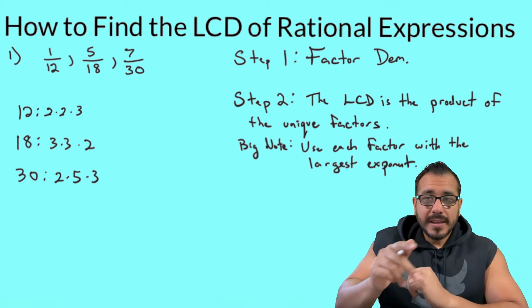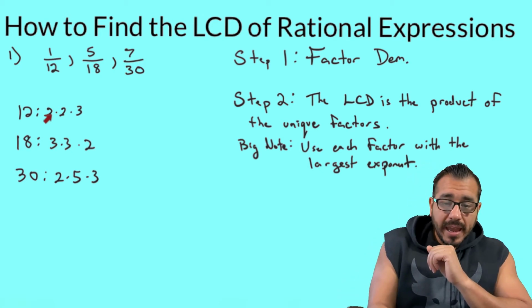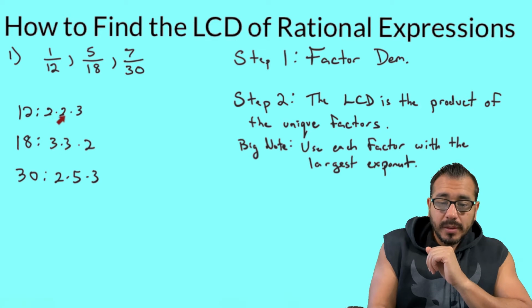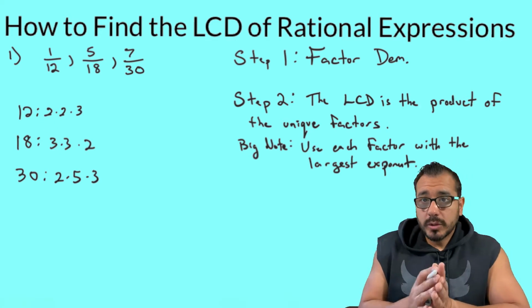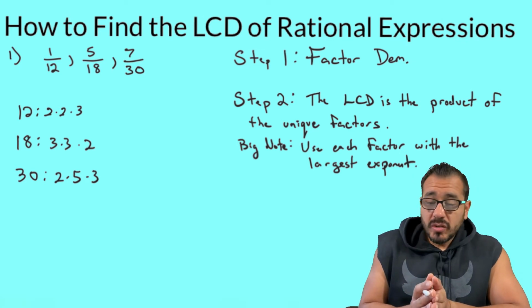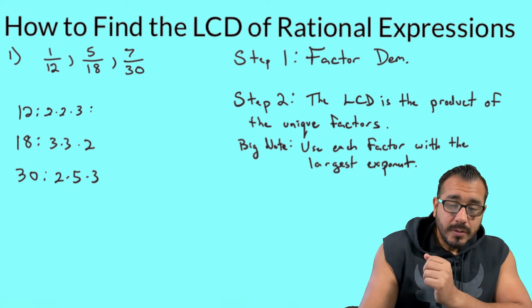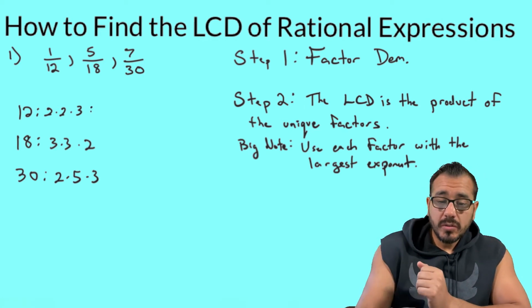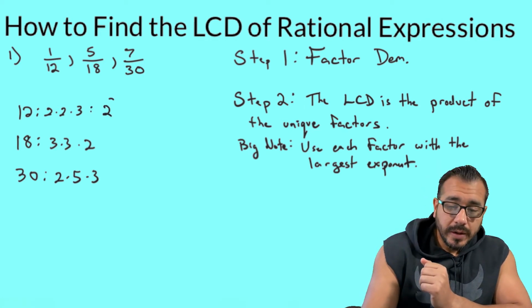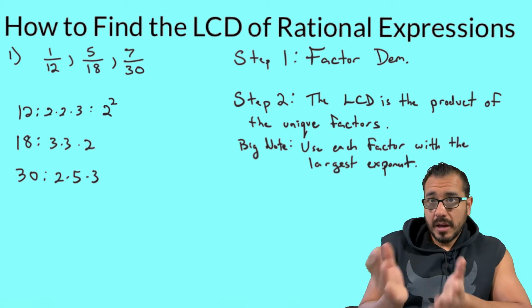Here's a big piece of advice that you're not going to get from the other channels. Whenever they are multiplied and you see the same number copied multiple times, what we're going to use is exponential notation. So here, instead of writing 2 times 2, we're going to write 2 squared, because it's copied twice.